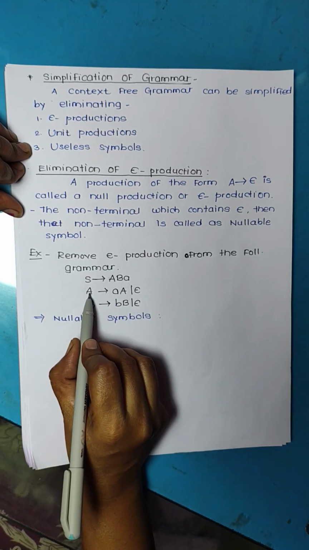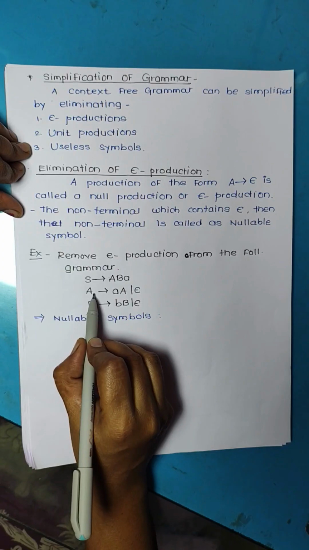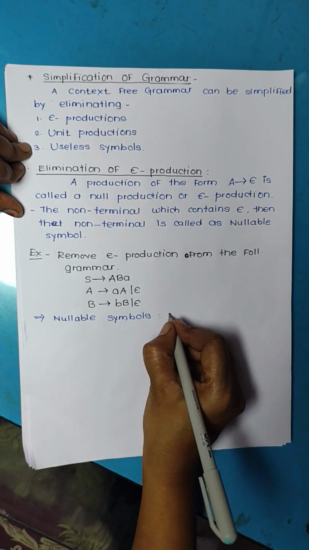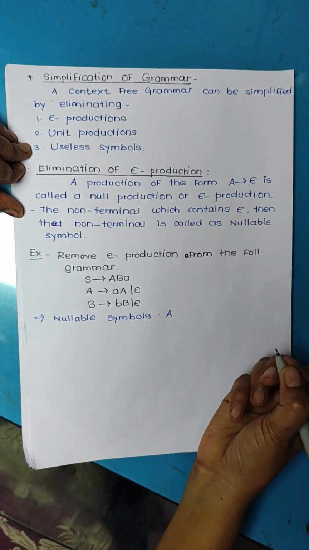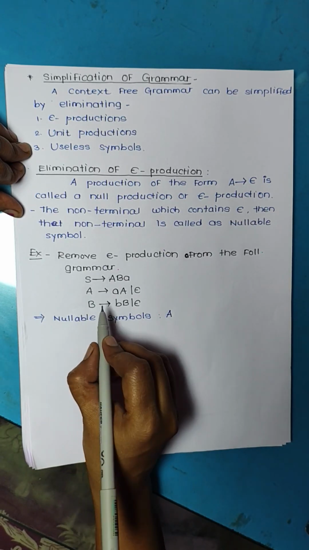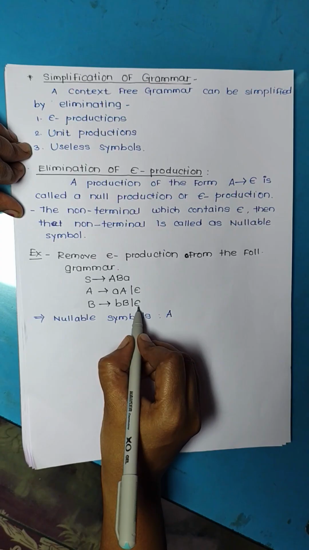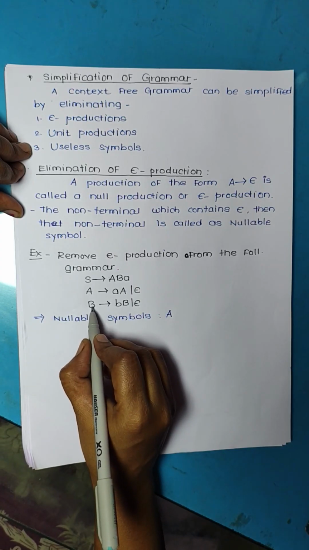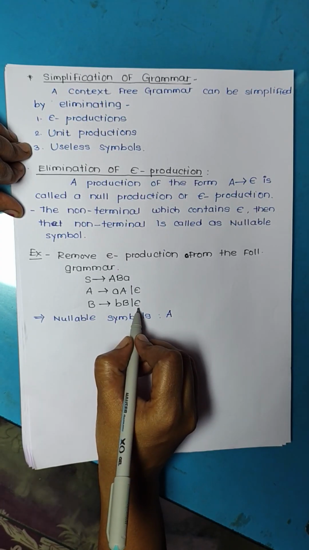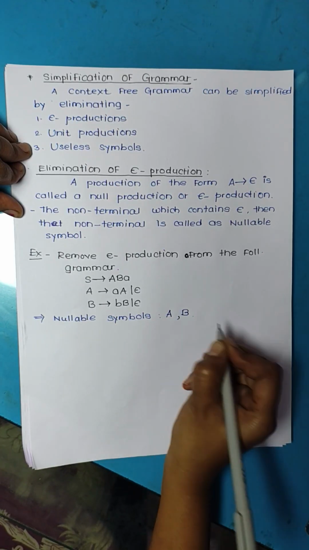For example, A gives A or epsilon. Here non-terminal A contains epsilon, that's why A is a nullable symbol. See one more production, B gives B or epsilon. Here non-terminal B contains epsilon, that's why B is also a nullable symbol.